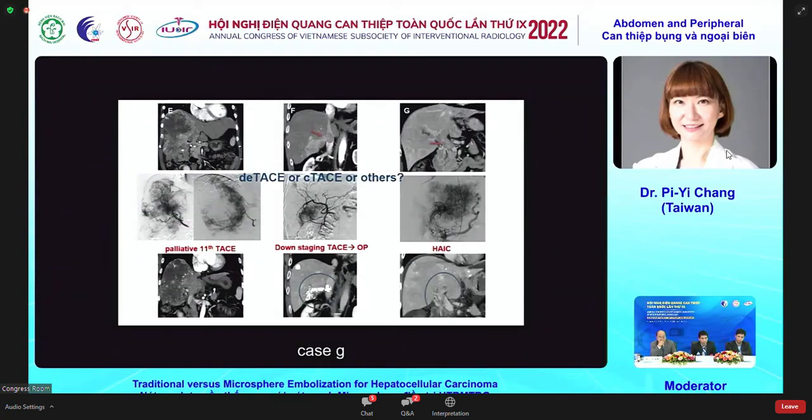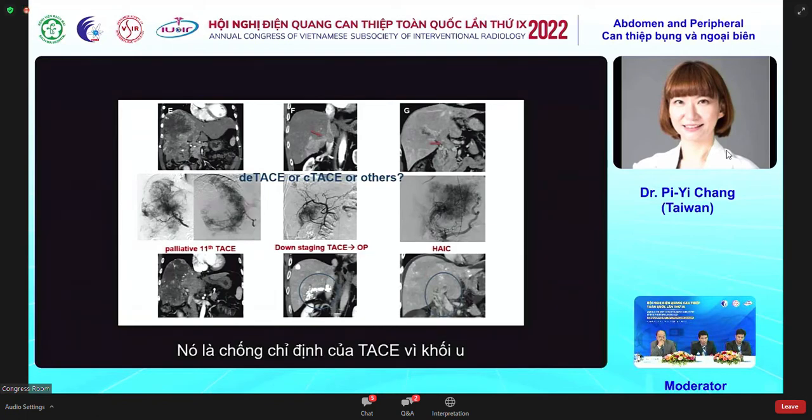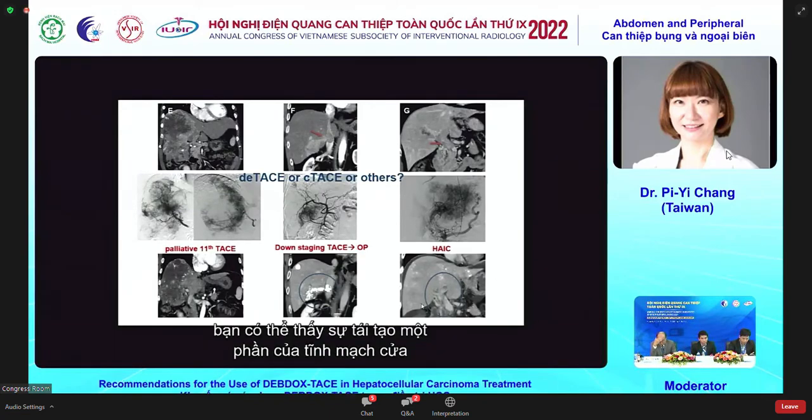For case G, it's the contraindication of TACE because the portal vein tumor thrombosis. So I did it with HAIC, hepatic arterial chemoinfusion, for you can see the partial recanalization of the portal vein.